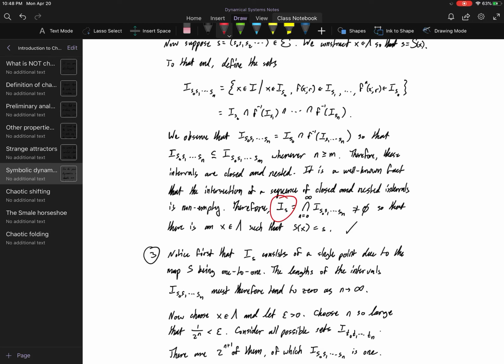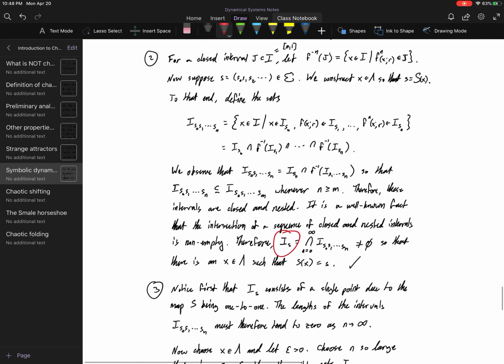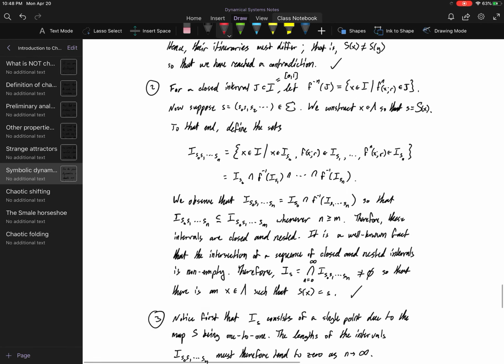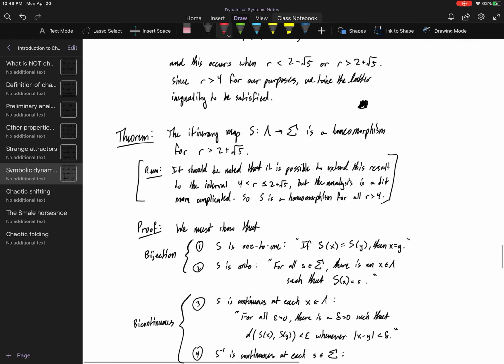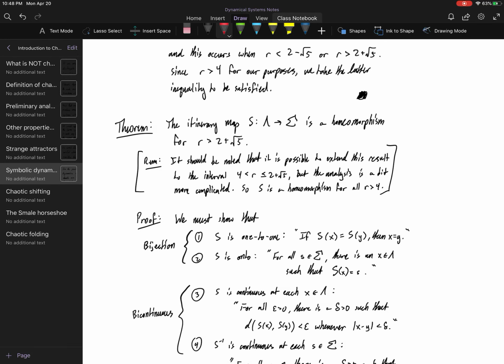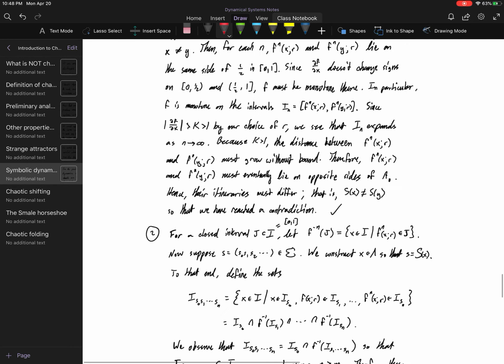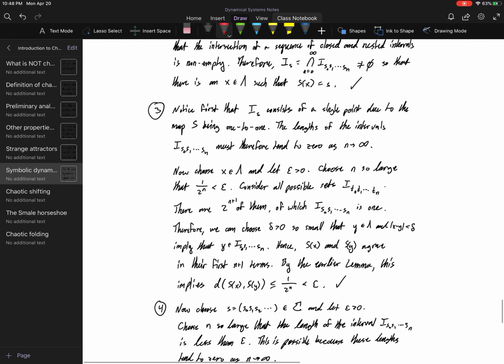So there is at least one thing in lambda that maps to this particular itinerary. It has to go to each side of A0 in a particular way, as described by these pre-images. Therefore, this function s is also onto. So we have now established that lambda and sigma are in bijection with one another. They have the same cardinality, the same number of elements.